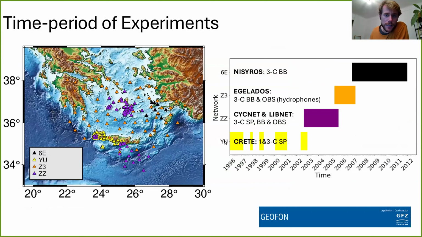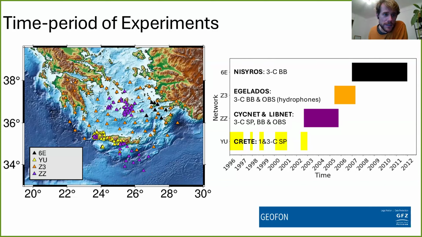And you can then see that other experiments were conducted, moving more and more to broadband stations, also including ocean bottom seismometers. You can see here the SciNet and LibNet deployments that were placed here for some time periods. And later on, the Egelados experiment. That was a very large-scale experiment, an amphibian experiment.